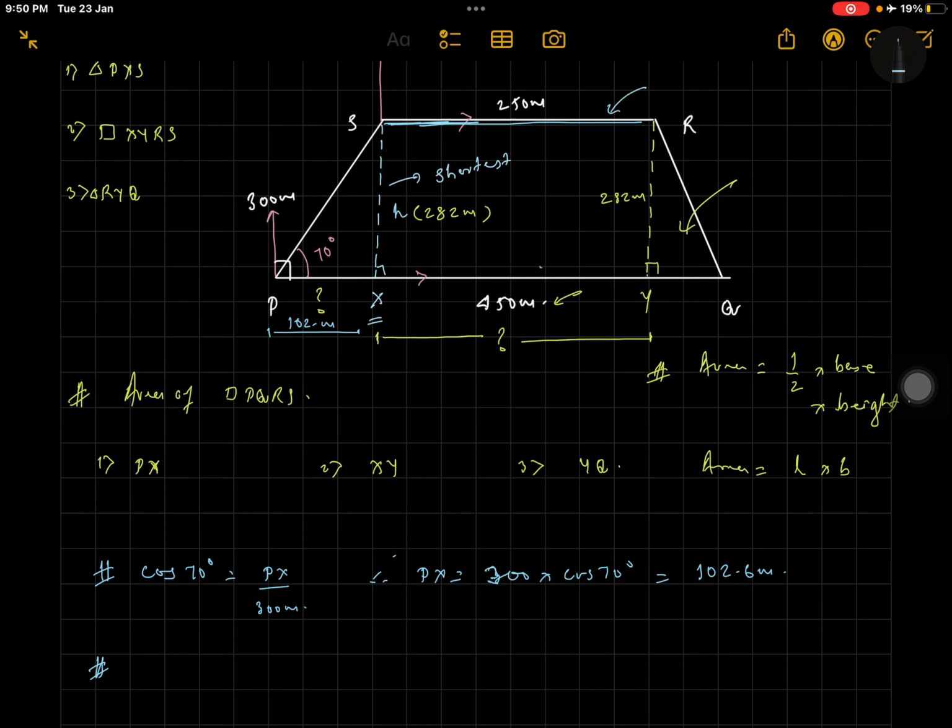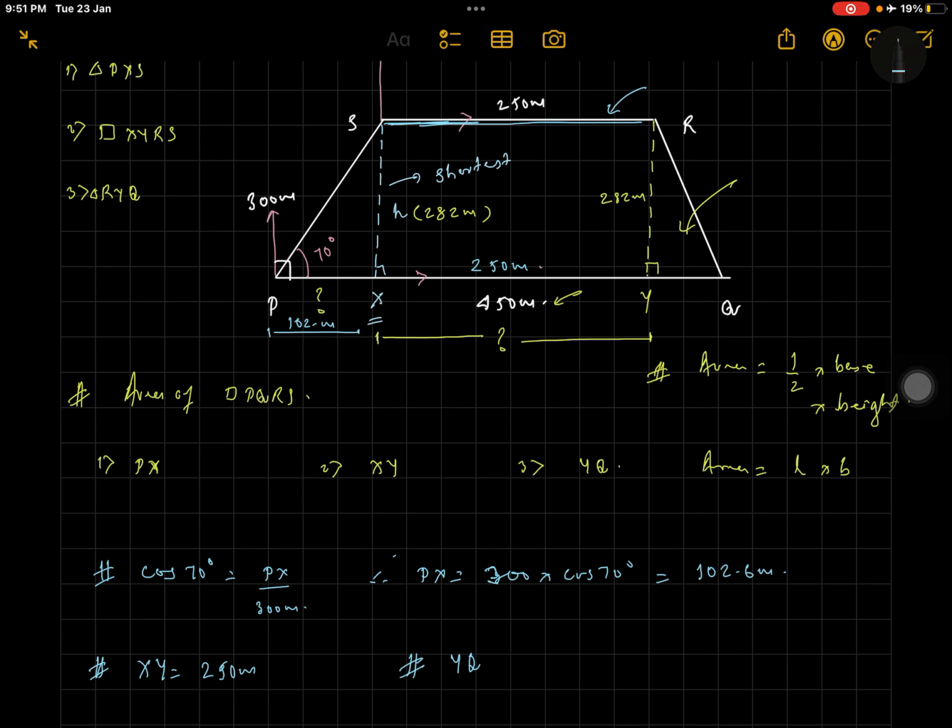Which would mean that XY is also 250 meters, that being a rectangle. So that clears my problem, and XY is found, and that is equal to 250 meters.